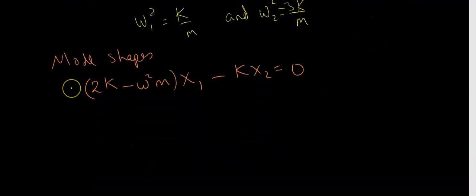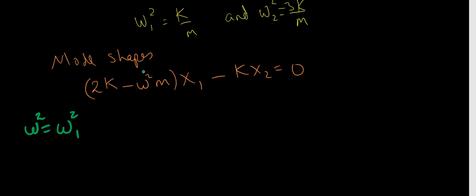Now that we've done that, let's see what this expression looks like if omega is equal to omega 1, or omega squared is equal to omega 1 squared, meaning that I want to substitute the first natural frequency for omega here.